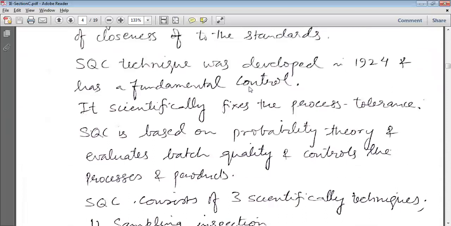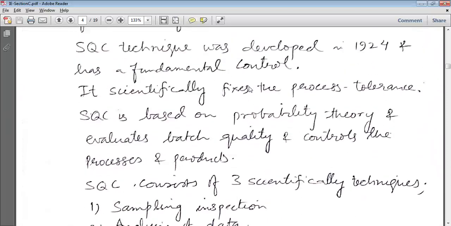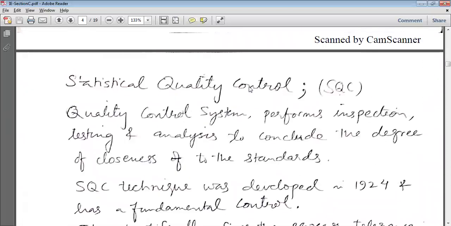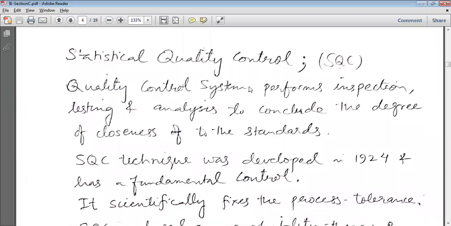The third aspect we are coming to is statistical quality control. Normally, if we are producing 10,000 parts per day, it's not possible to check all 10,000 parts. Even if it is possible, it would take too much time, too much effort, and too much cost at the same time.